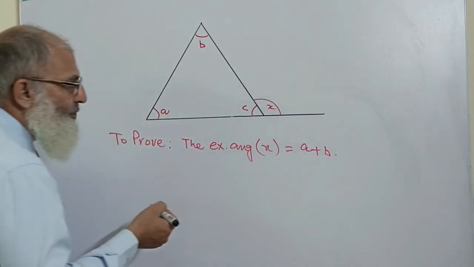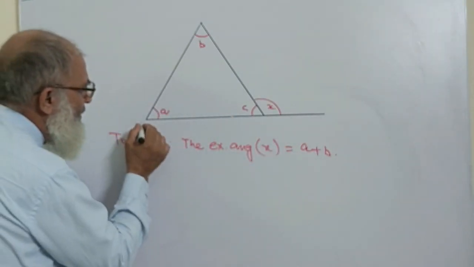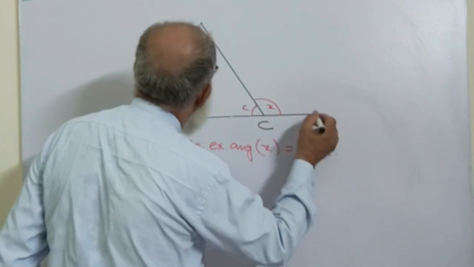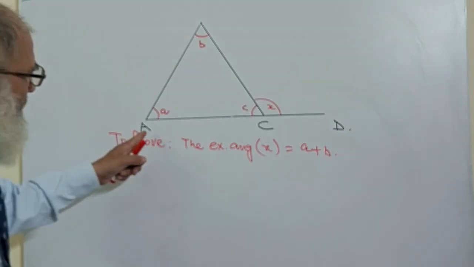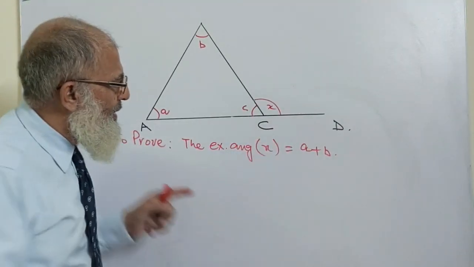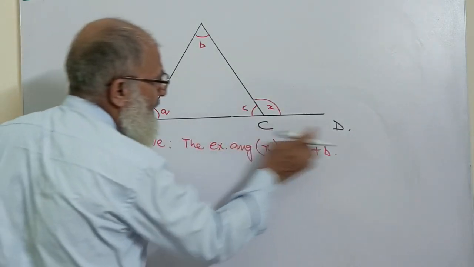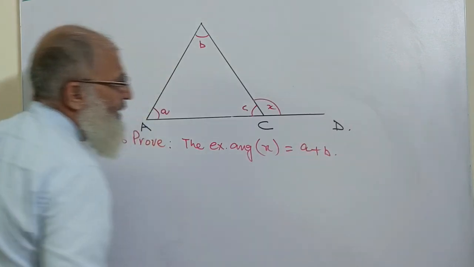Now you see that this is a line. Let me mark it A, C, D. Now this is line ACD, or simply call it AD.